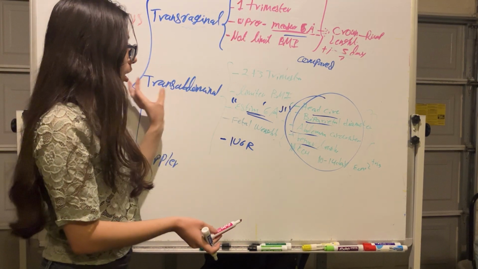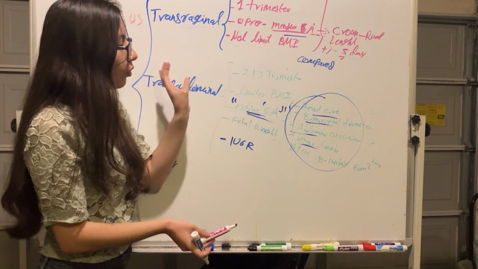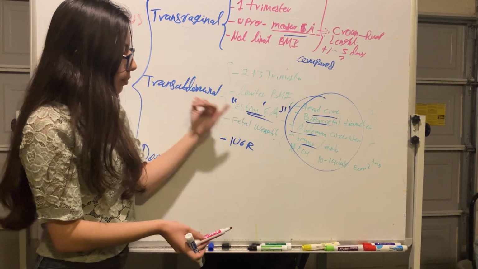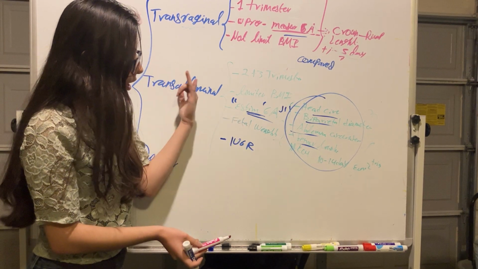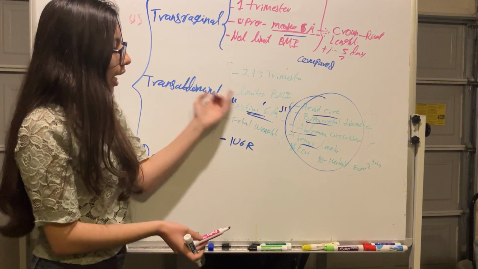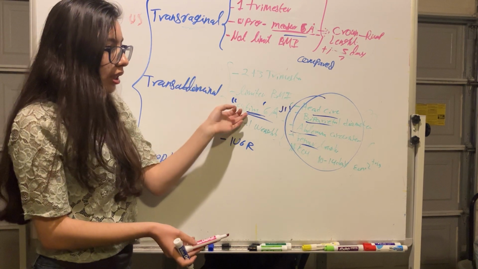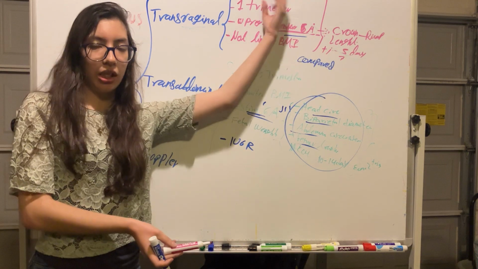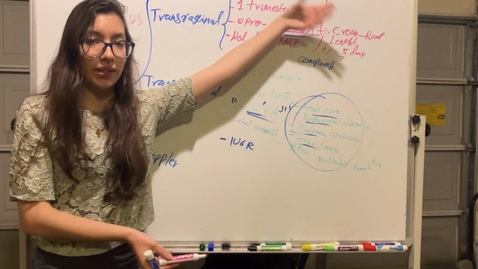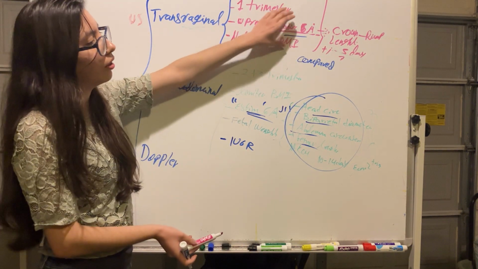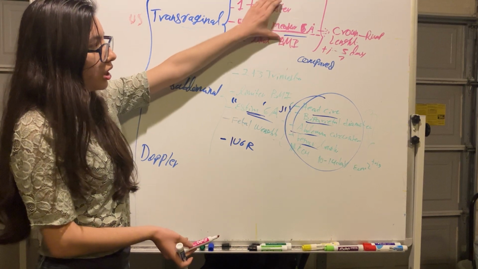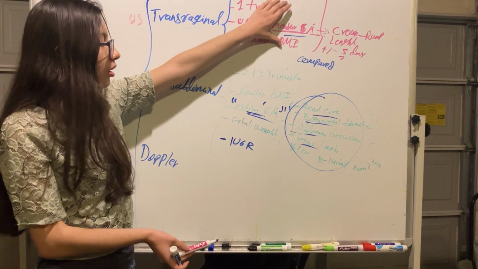So each time we do a transabdominal ultrasound, we estimate fetal weight and we estimate gestational age, and this estimated gestational age is going to be compared with the gestational age we already established during the first transvaginal ultrasound in the first trimester.